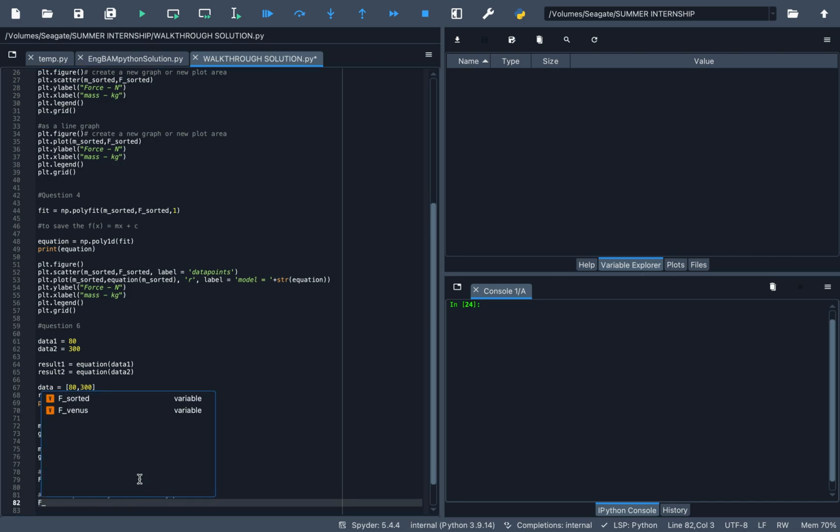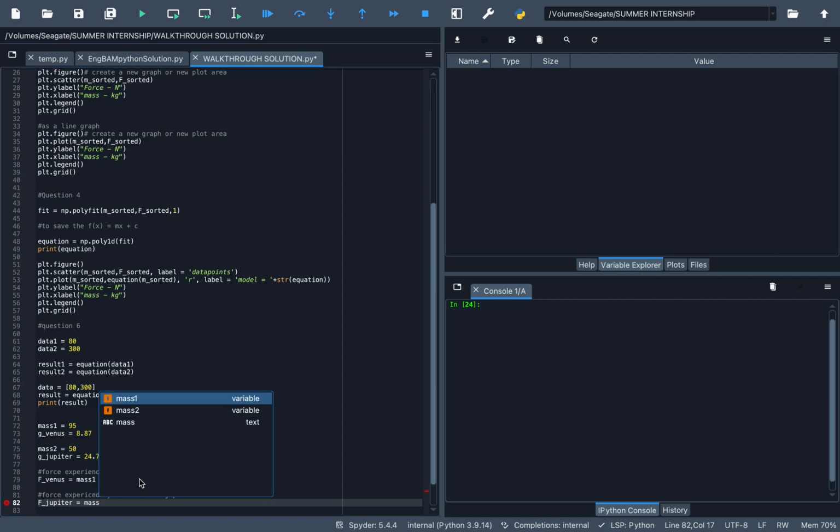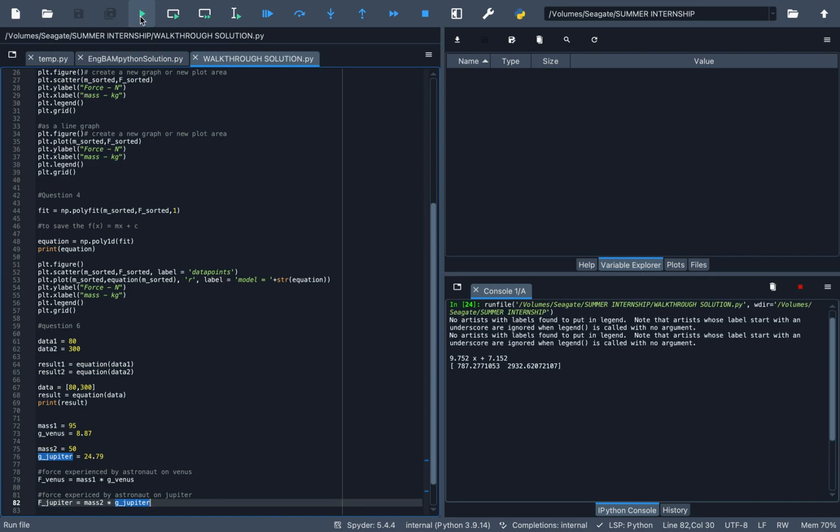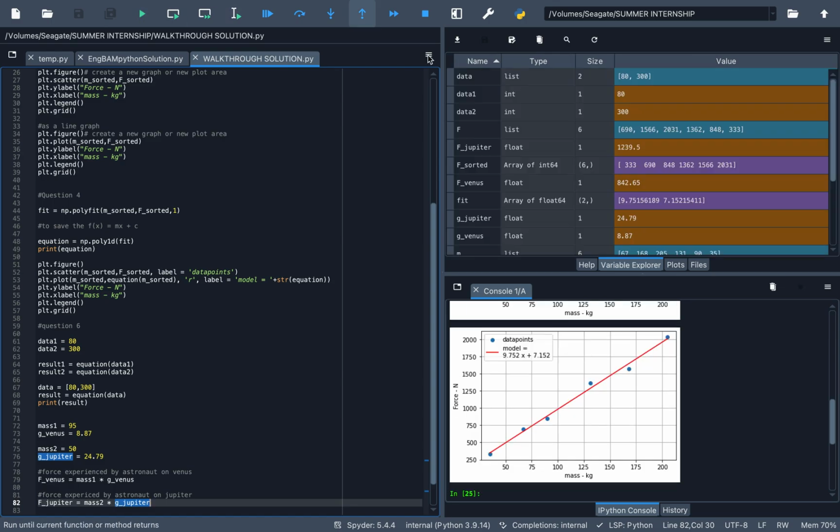So I can say F Jupiter equals mass 2 in this case, multiplied by gravitational constant in Jupiter, and I can run it. And we can go to our variable explorer.